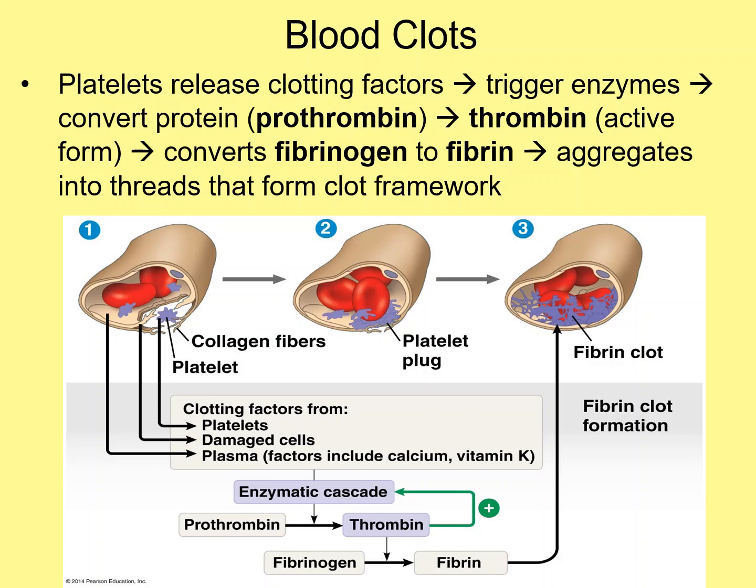The first one that gets converted is an enzyme called prothrombin. Prothrombin is the inactive form. The clotting factors help convert it to the active form, which is called thrombin.